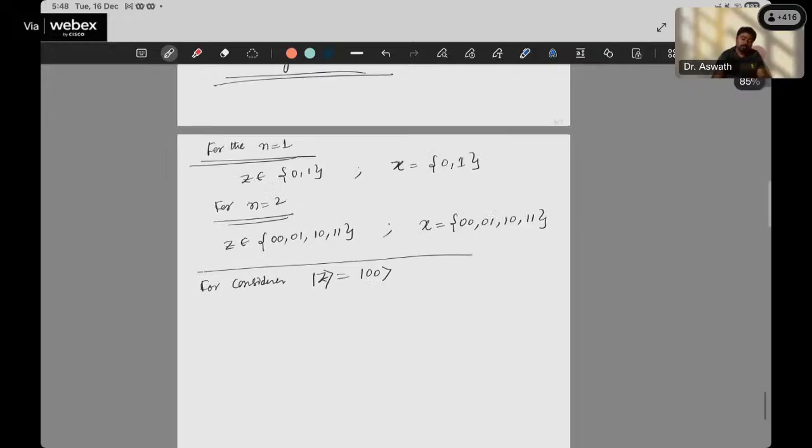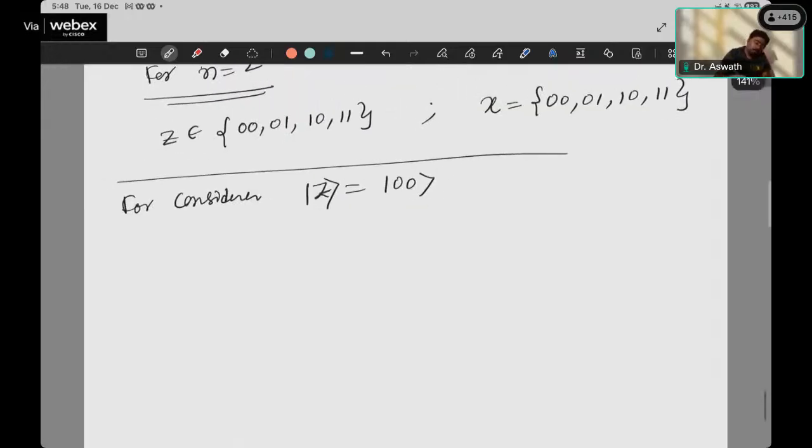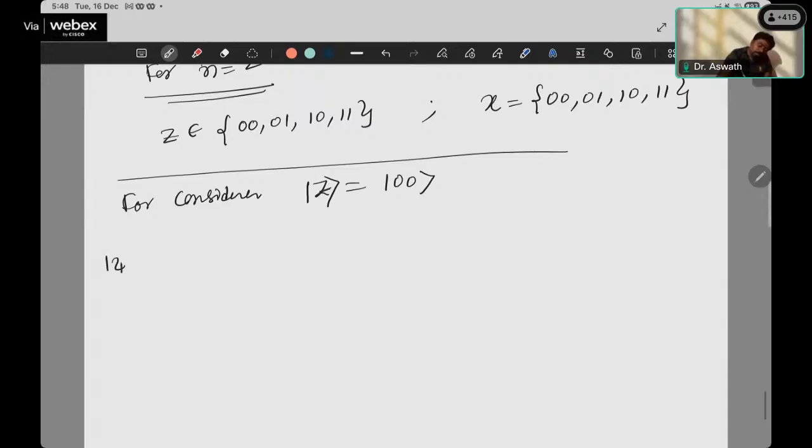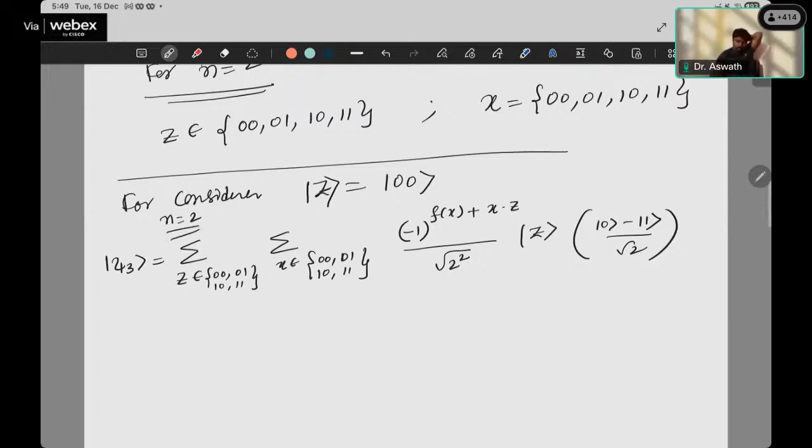If you carefully see, psi 3 is summation over z belongs to 00, 01, 10, 11, summation over x belongs to 00, 01, 10, 11, (-1)^(f(x) + x·z) divided by square root of 2 to the power of 2, |z⟩ (|0⟩ - |1⟩)/√2. This is psi 3 for n equal to 2.